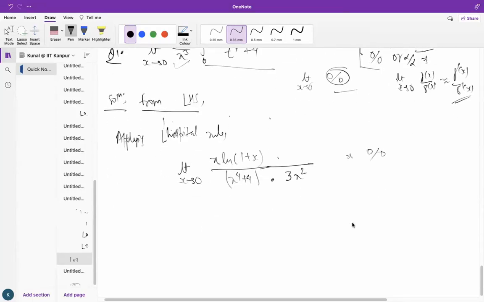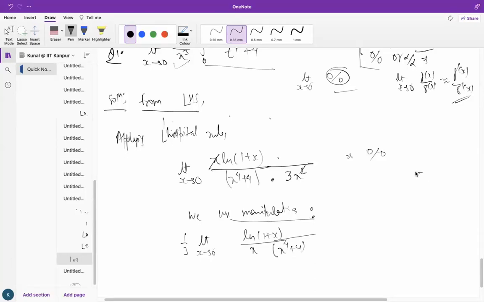Or one more thing we can do is use manipulation. Look at it: limit as x tends to 0. First take 1 by 3 outside the limit. We can write ln(1 plus x) by x, and cancel the rest, leaving 1 by x to the power 4 plus 4.